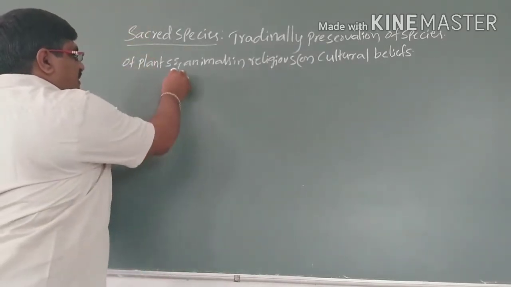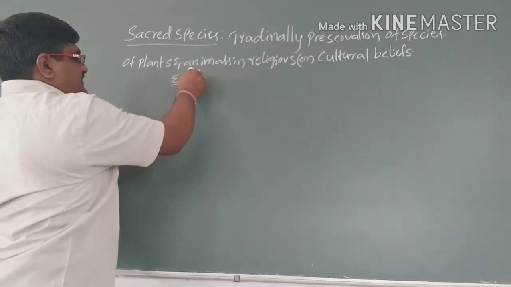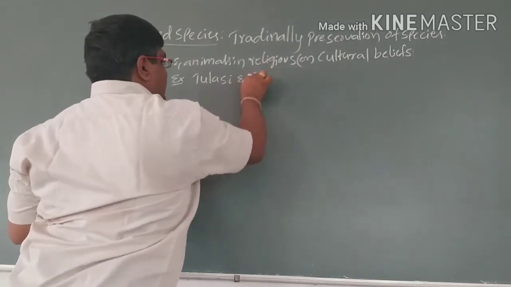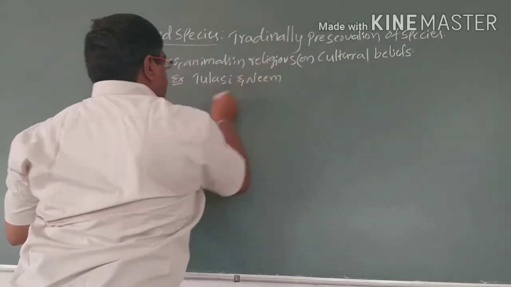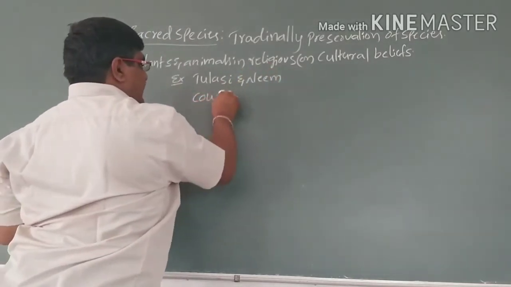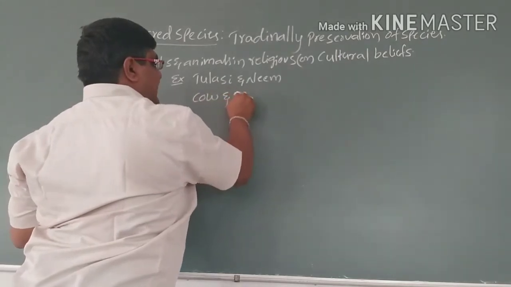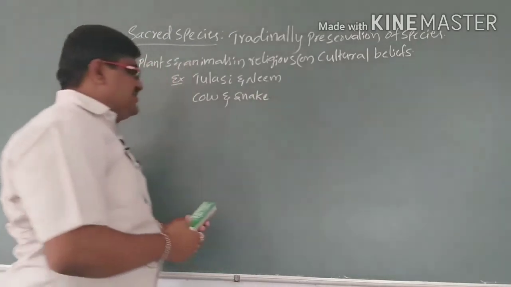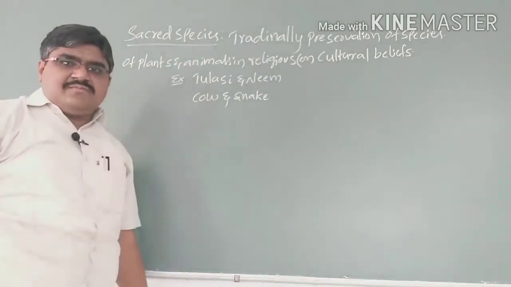For example, tulsi, neem, and also the cow and the snake. These are species where traditional religious beliefs are present.